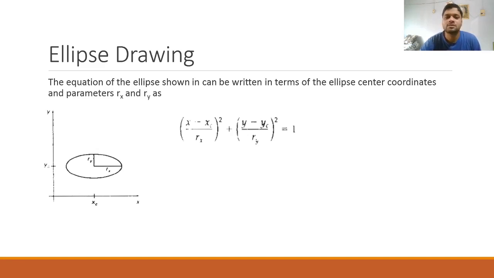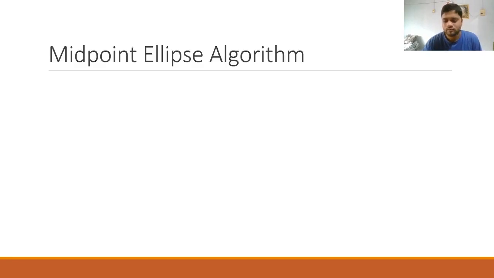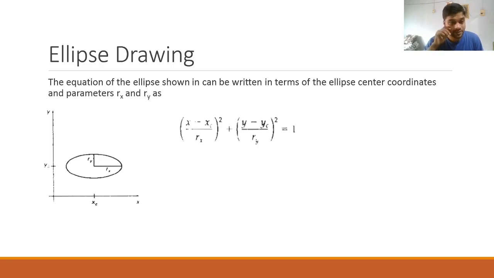Divided by 2 we can take, so the radius of the major and minor axis, or we can keep it in terms of major and minor axis itself and modify this formula slightly. So this was ellipse drawing with the help of given center coordinates, and that is what we are going to do. We are going to ask the user to enter the center coordinates and then the major axis and minor axis.